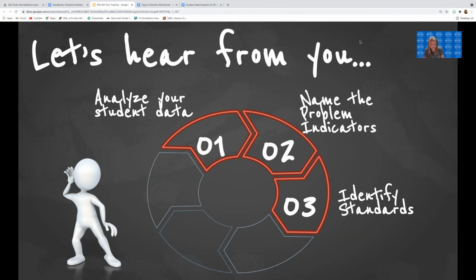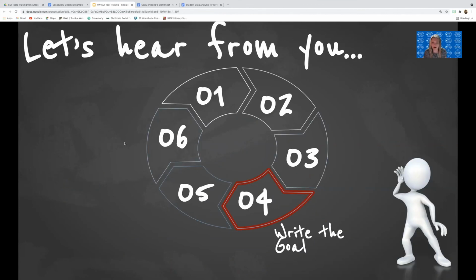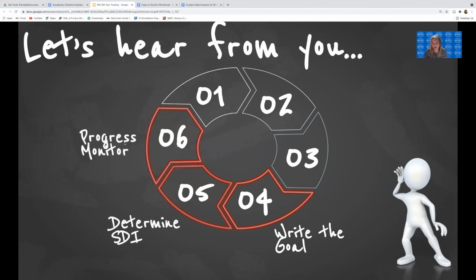We have to determine: are we going to make a goal for decoding and a goal for fluency, or do we need to narrow that down and focus on just one? Now we're going to look at writing his goal, determining his SDI, and how you're going to progress monitor that.